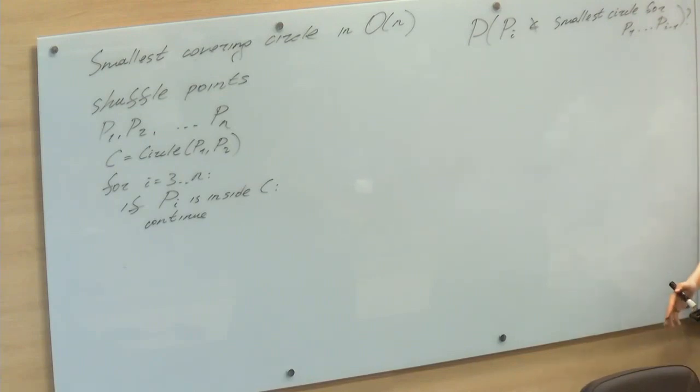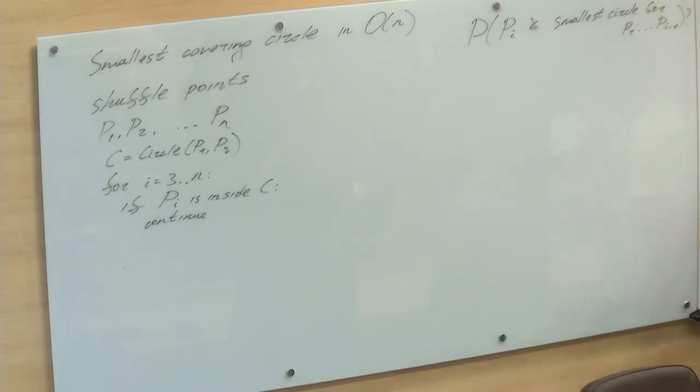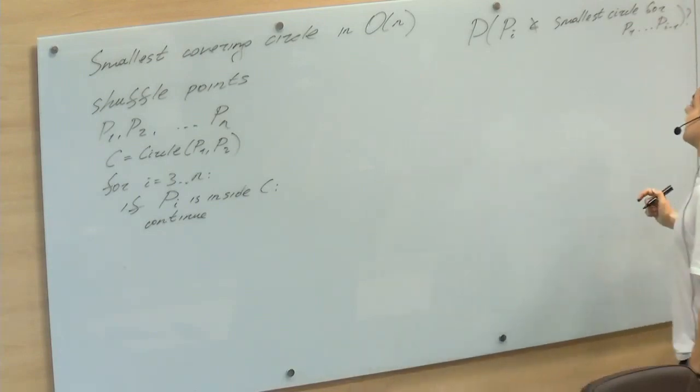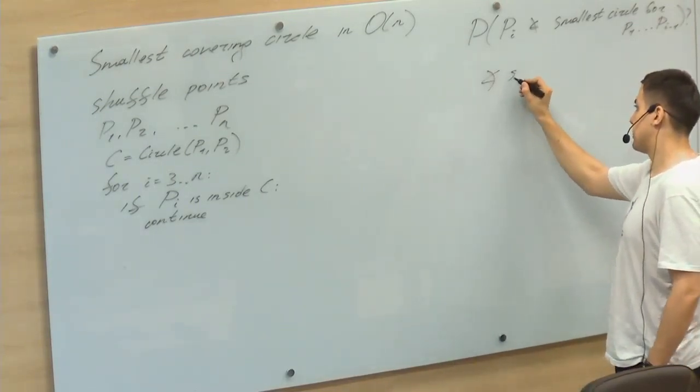Otherwise, we could just delete it, and this would belong to the smallest circle for the other points. So the base idea here is the smallest circle always is based on at least 2 points, 2 or 3 points, or maybe more. So let's consider the smallest circle.